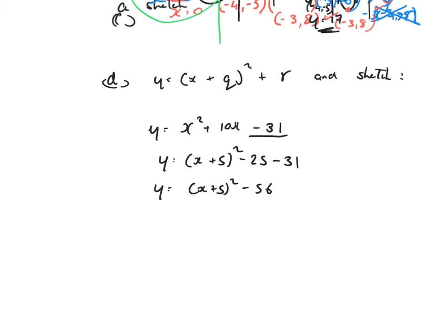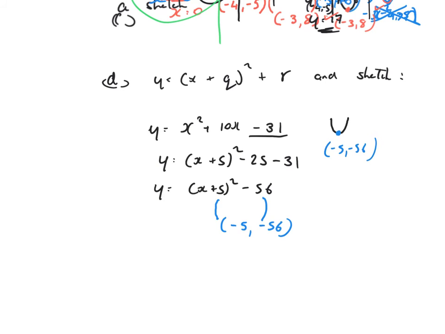Okay, so we've got a positive x squared, so it's going to be a concave down parabola. We've got the turning point, which is going to be change sign of 5 to get minus 5, don't change sign of minus 56, turn point of minus 5, minus 56.